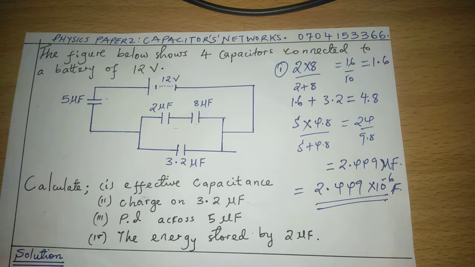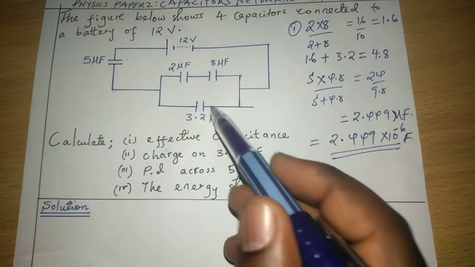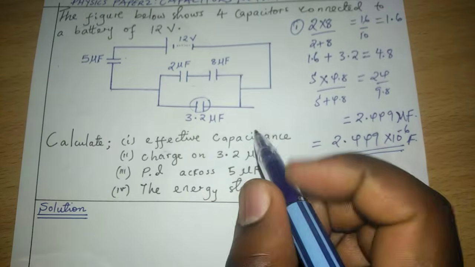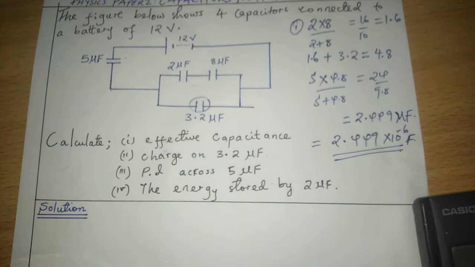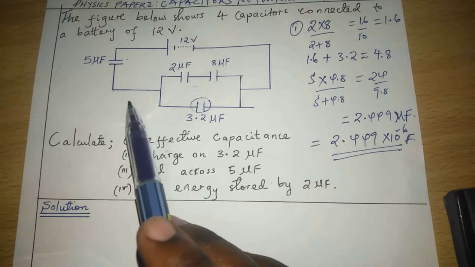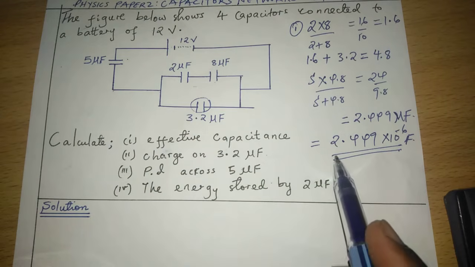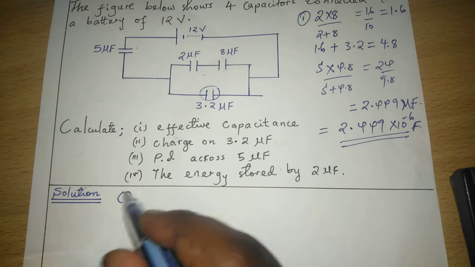The next is the charge on the 3.2 microfarad capacitor, the charge flowing through this capacitor. The charge flowing here can be calculated when we first determine the charge in the whole system. Now that we have the effective capacitance and the voltage, we can get the charge in the system.